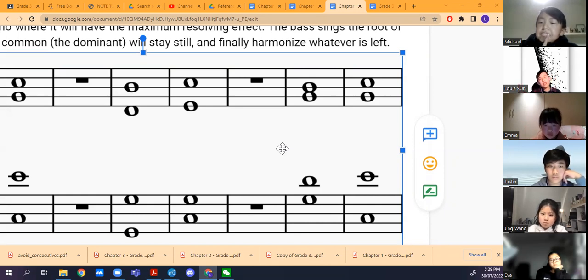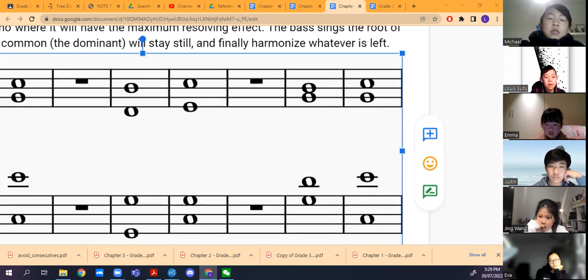If it does, I'll usually tell you, and I'll say the cadence sounds a bit empty, or check for consecutives. So consecutives is actually the biggest problem that 4-part writing composers come across, because there's a lot of rules that you have to worry about.